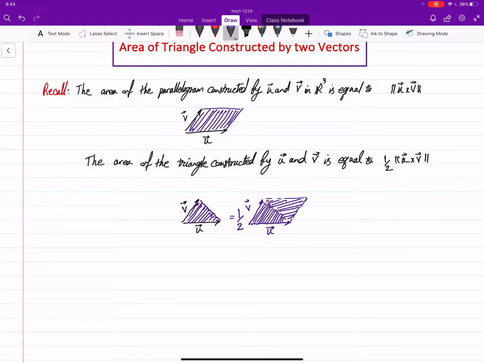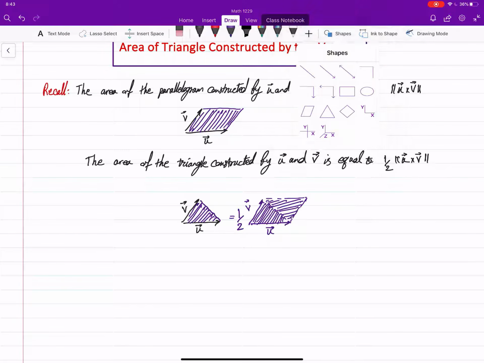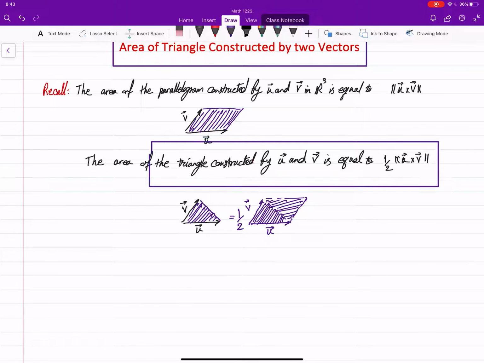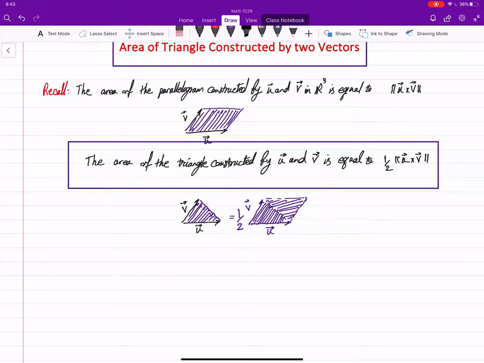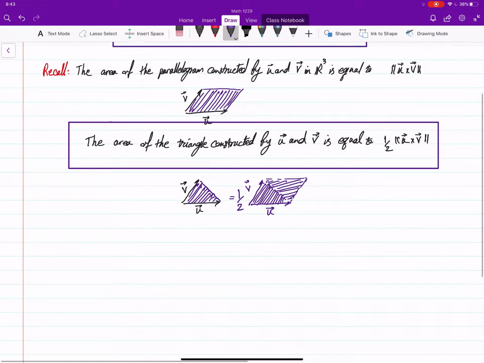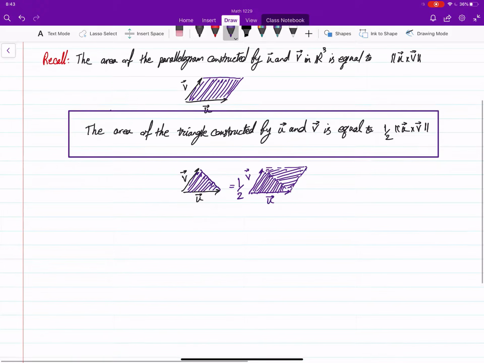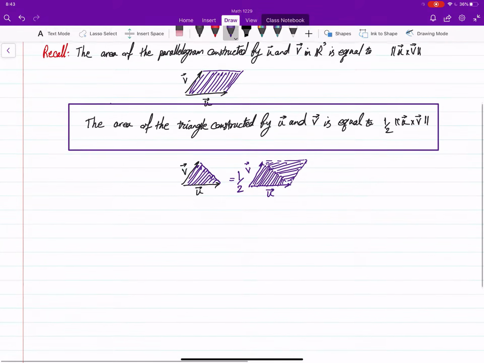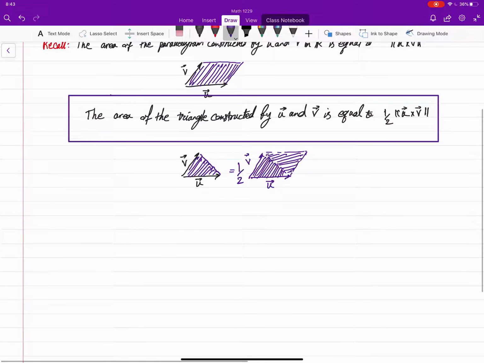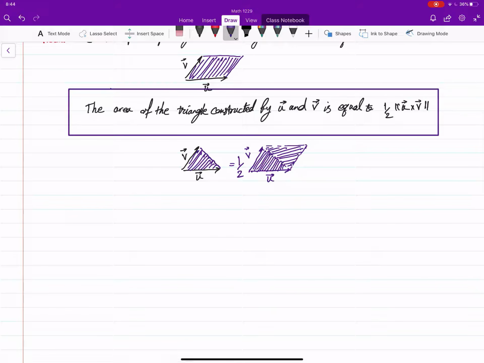And that is the formula that we want to know and use for this video. If someone asks for the area of the triangle constructed by two vectors, you just need to find the cross product, its length, and half of that is the area of the triangle. Let's do some examples here.